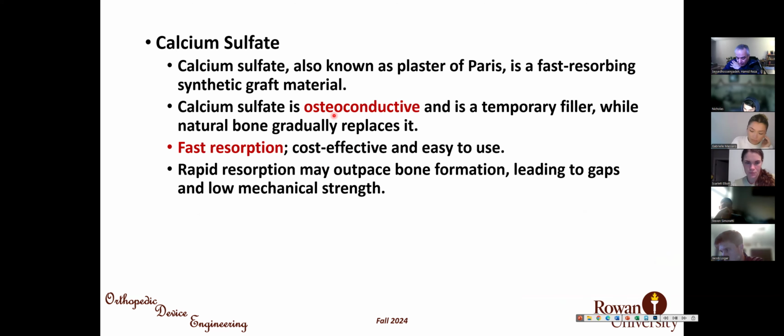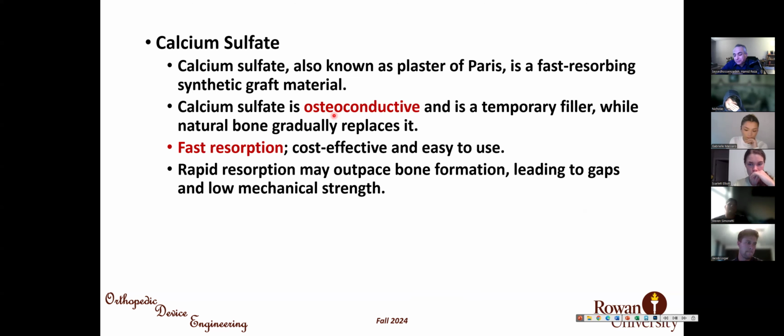I am sure you are familiar with plaster of Paris for casting for fractures, the white casts that were traditionally used for fracture immobilization. That white material is calcium sulfate, called plaster of Paris.